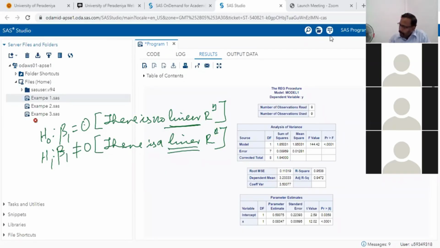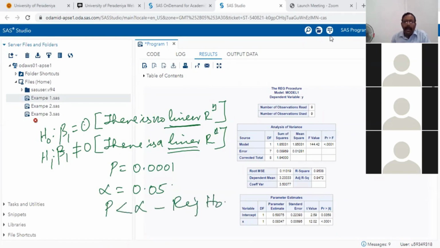Now our p-value is, as we said, very low, 0.0001, and alpha value is, let's say, 0.05. Definitely the p-value is much less than the alpha value, so we can reject our null hypothesis. So we accept our alternative hypothesis.